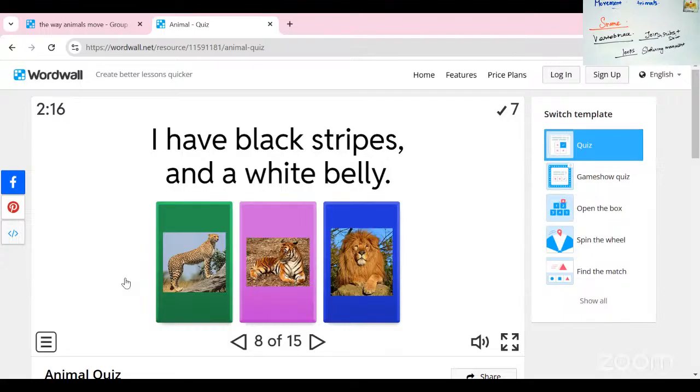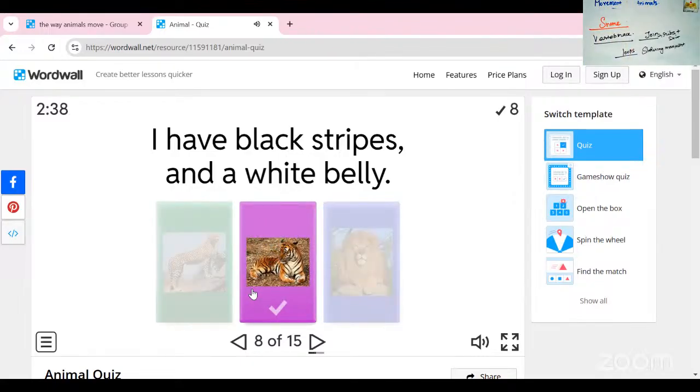Who has that white belly? Can anyone answer for that? Yes, the tiger is the right answer for that question.